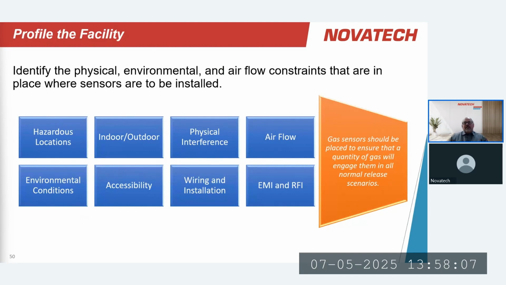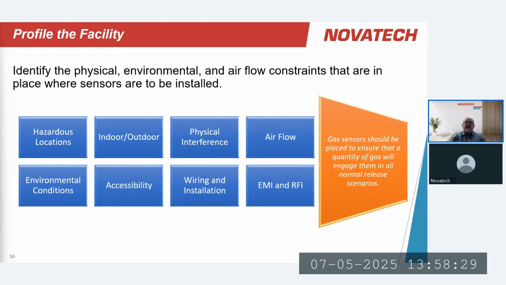So all of these are steps and measures that one would take to really identify the specific physical, environmental, and airflow scenarios or constraints that exist within an environment. And all of those have to be used as part of the considerations in designing a gas detection or a flame detection system.